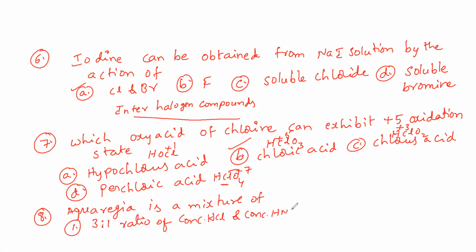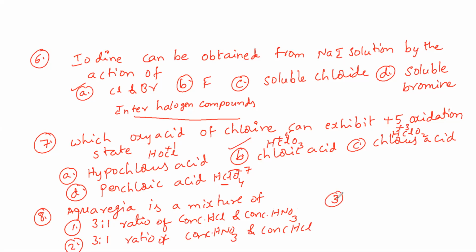Second option, 3:1 ratio of concentrated nitric acid and concentrated HCl. Which is one part and which is three parts, you have to remember also.